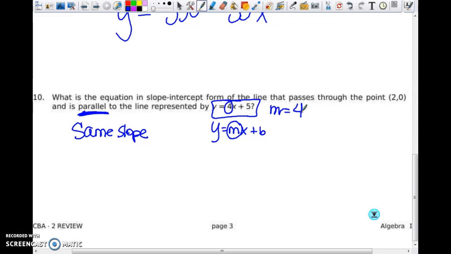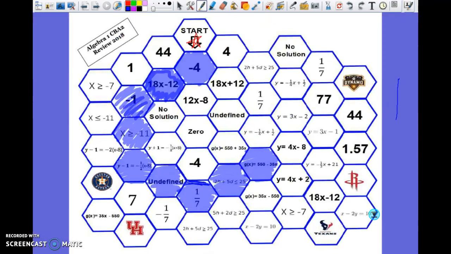And it's going to pass through the point 2, 0. So, let's look at our answer choices. 4x plus 2, 4x minus 8, negative 1, 4x plus 1/2. Again, I know the slope has to be 4x, so I'm looking at these two, not this one.